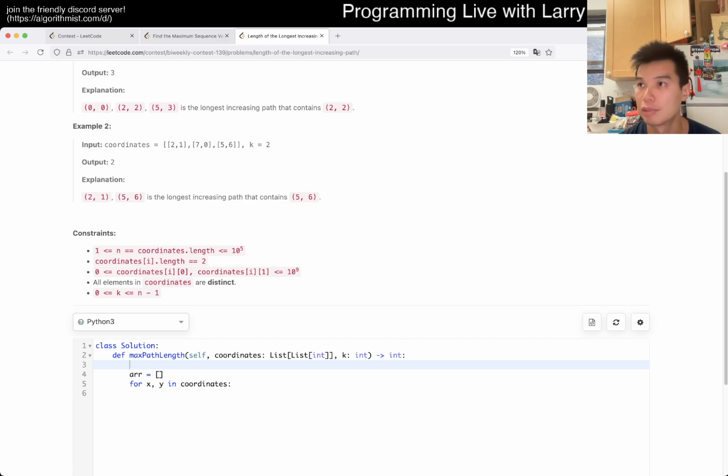And that's the length of the thing. So then we binary search on the thing.